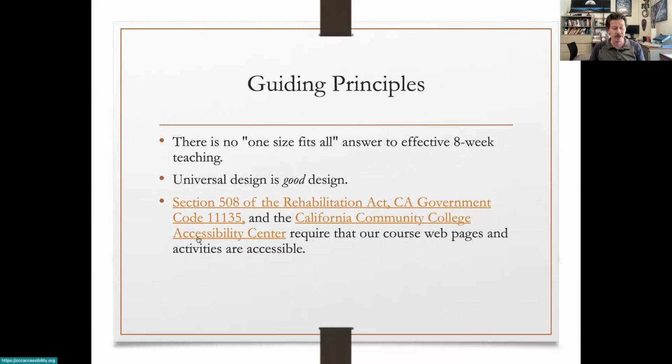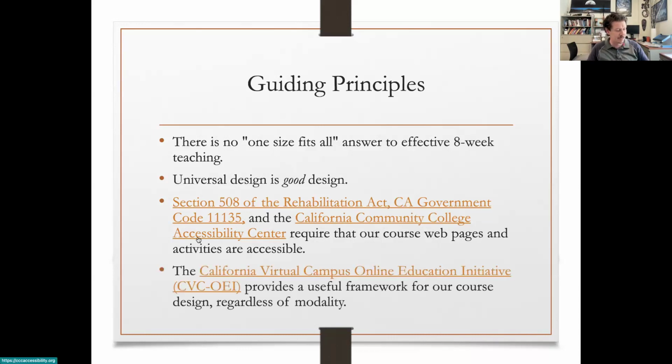So that's why when I say this is something to prioritize, I really do mean it. It's something that when we teach online or in person should be at the forefront of our minds. And then lastly, the CVC OEI, or the California Virtual Campus Online Education Initiative, provides some very helpful tools and guidelines as we review our courses and as we build our courses to be accessible.